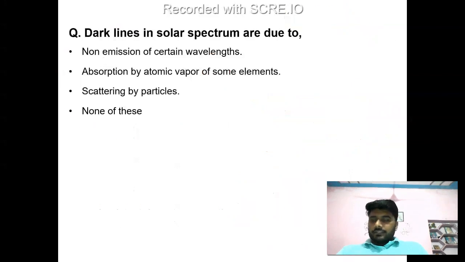So this is another question, picked up from the origin of atomic absorption spectroscopy. The dark lines in the solar spectrum are due to: you are given four options, non-emission of certain wavelengths, absorption by atomic vapors of some elements, scattering by particles, and the fourth one is none of these.